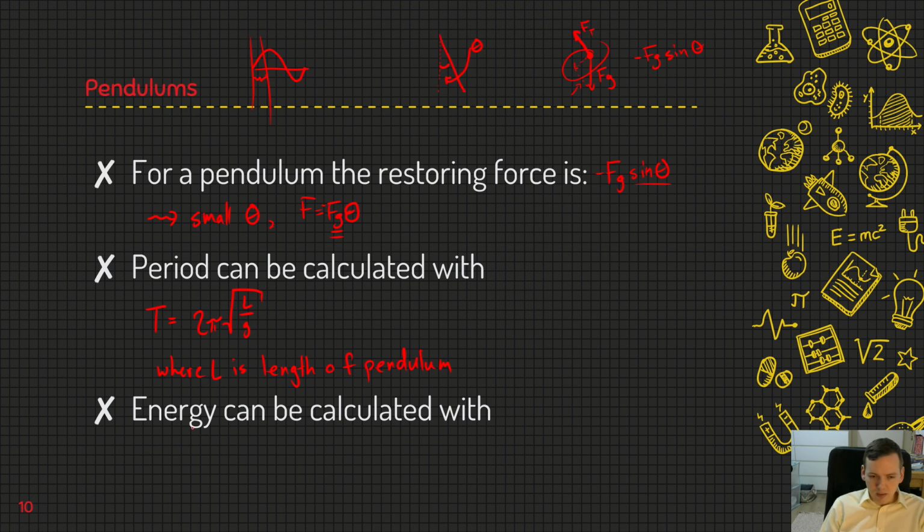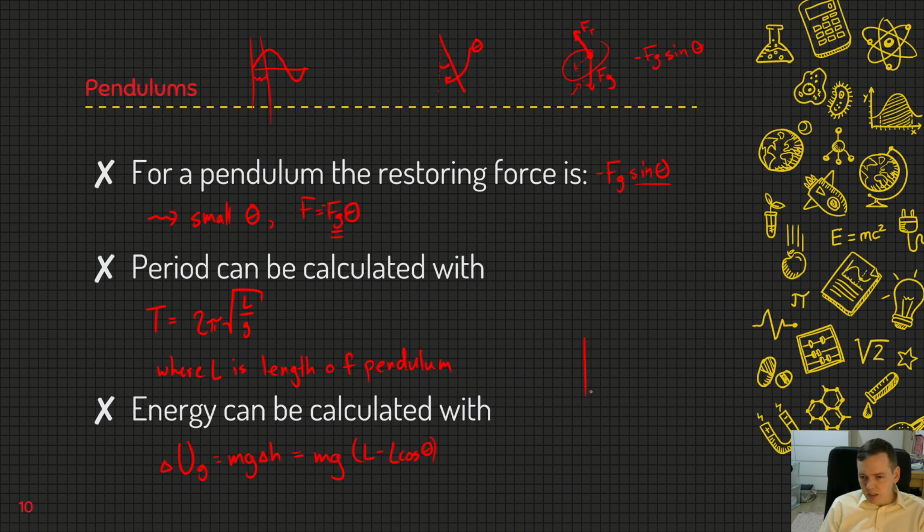The gravitational energy here is just delta Ug equals mg delta h. What would delta h be? If we have theta, it's going to be L minus L cosine theta.